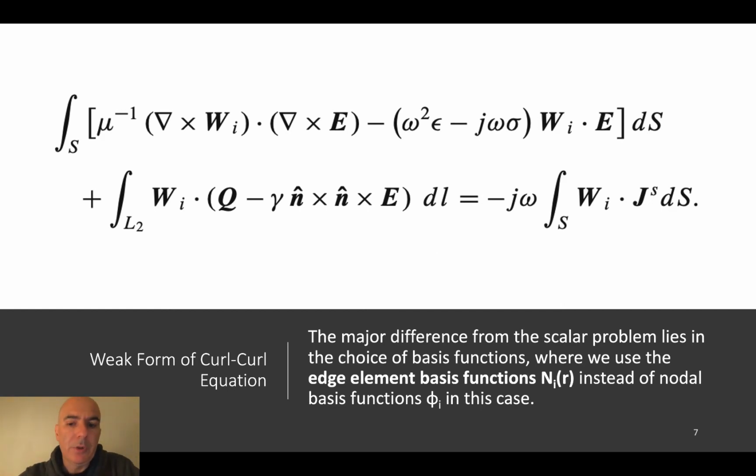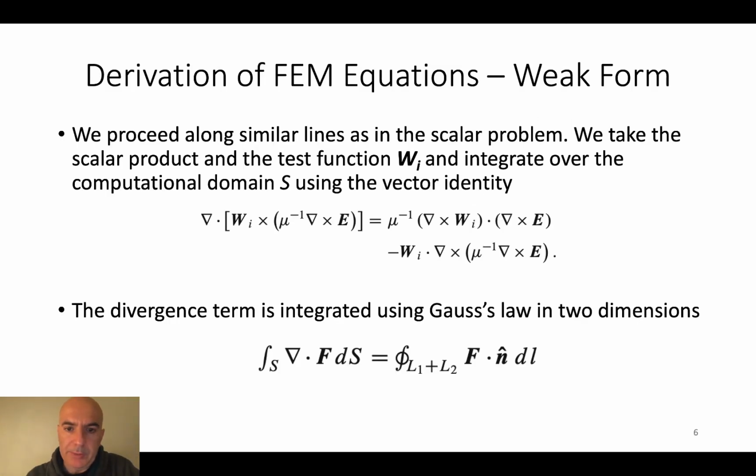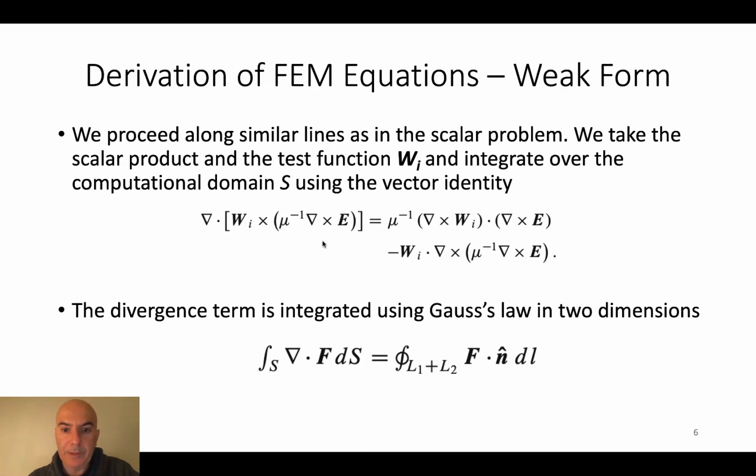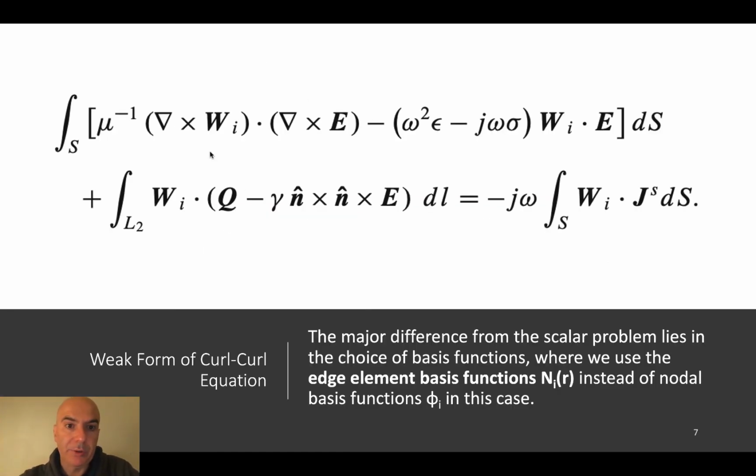If we go back to the original equation here, we take the integral and multiply by the test function wi, and then we apply the vector identity to this term here, and we also apply the Gauss law. The final result is this expression here.